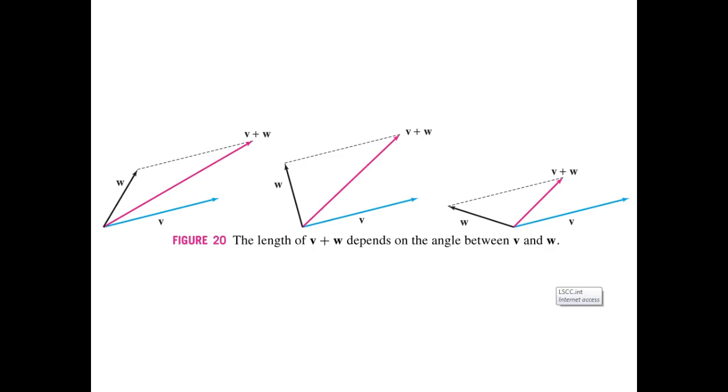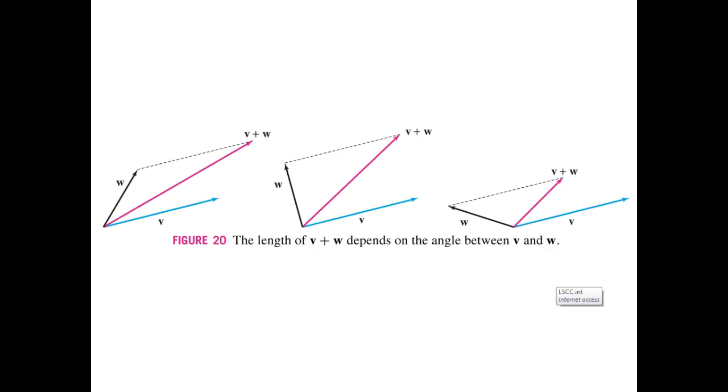Well, if you took the magnitude of v, which would be about that, and then the magnitude of w and put it here, that's going to be longer than that. We're only doing magnitudes then. The magnitude of v plus w is less than the magnitude of v plus the magnitude of w.